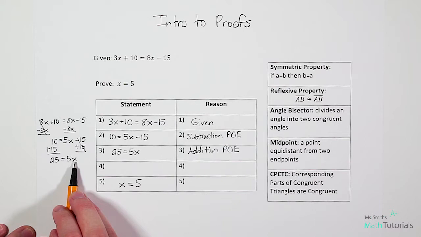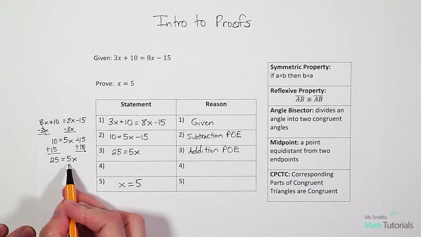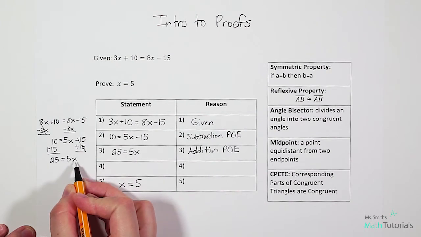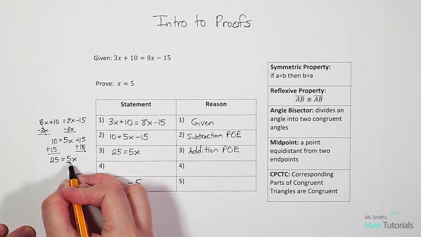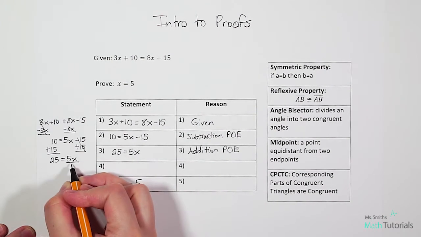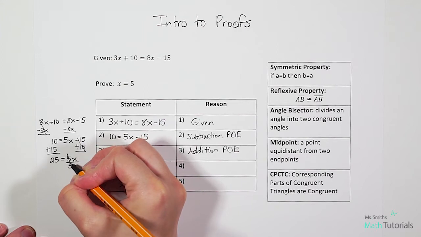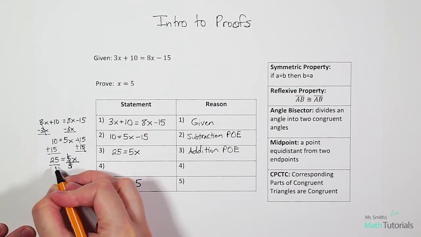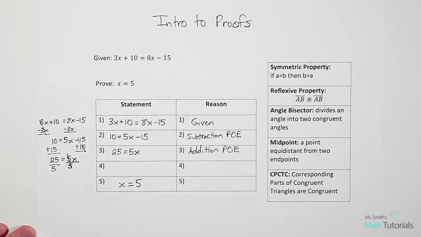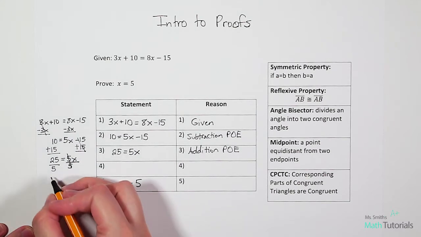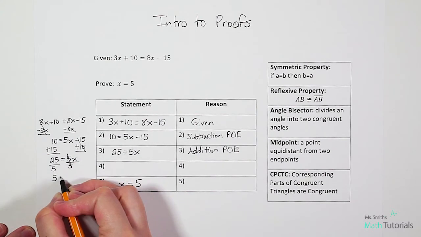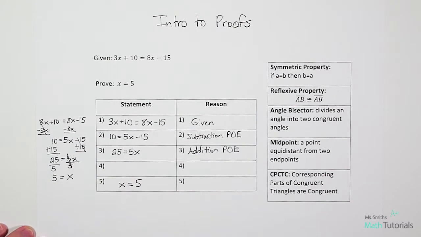We're so close to having x alone, but it's not quite isolated yet. We need to get rid of the 5. So how do we undo multiplication? We use division, and we divide by what we want to get rid of, in this case 5. So if I divide by 5 on this side, I've got to do it on this side as well. And 25 divided by 5 is 5. So we've got 5 equals x.